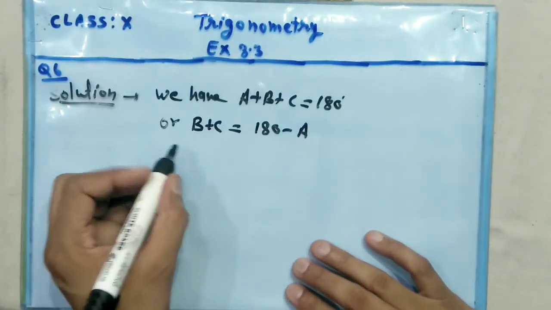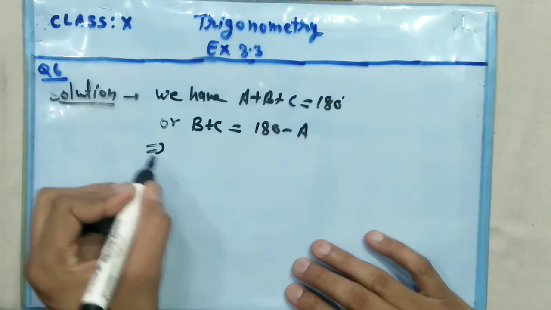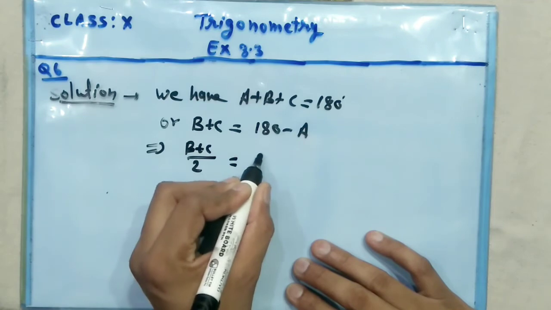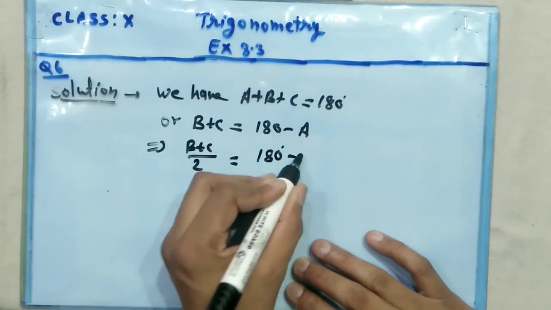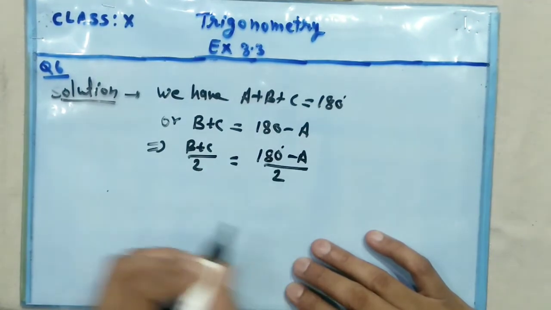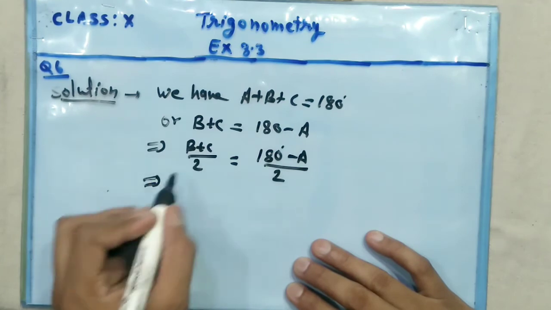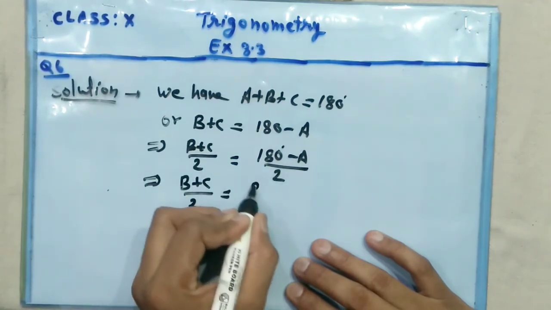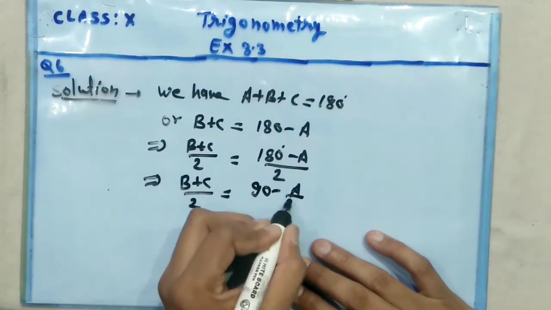Now dividing both sides by 2, B plus C upon 2 is equals to 180 degree minus A upon 2. So this B plus C upon 2 is 90 degree minus A by 2.